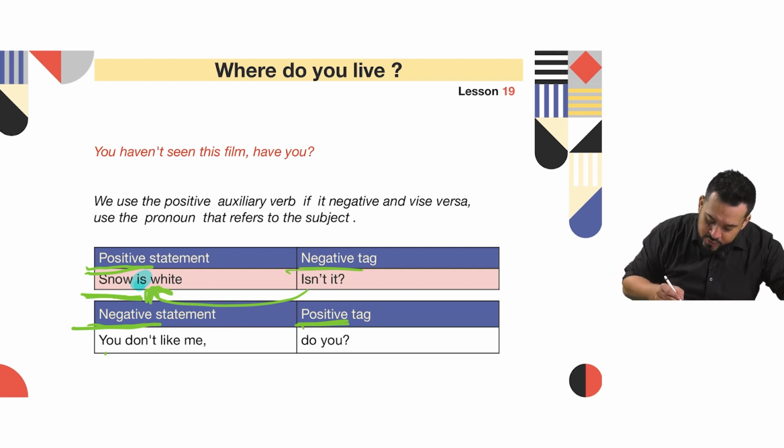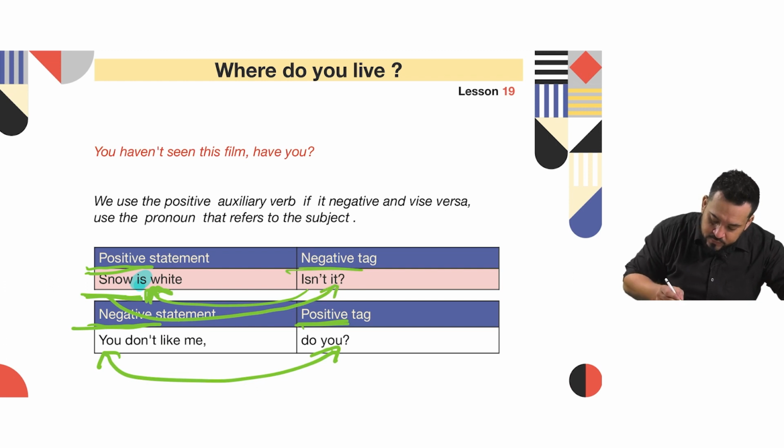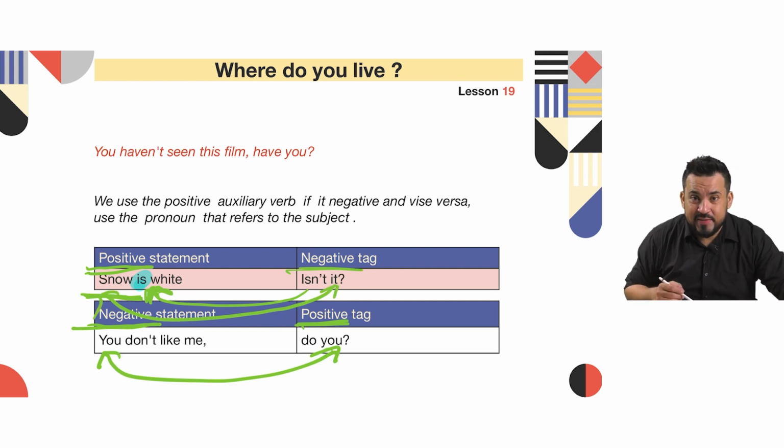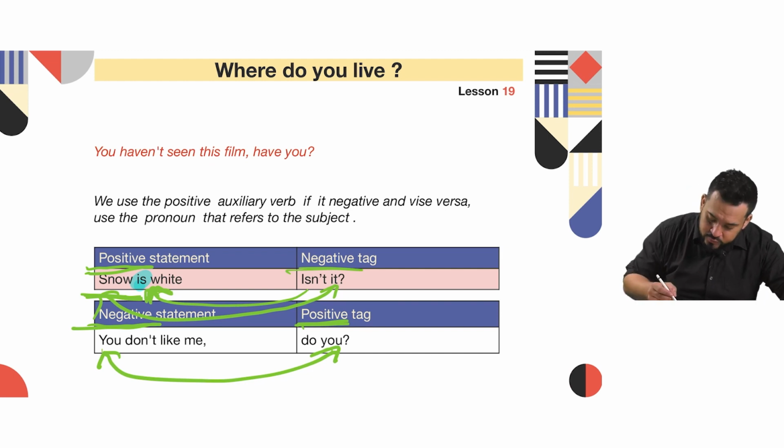So here we have you. Snow, it. Snow is white, isn't it? You don't like me, do you? Do.